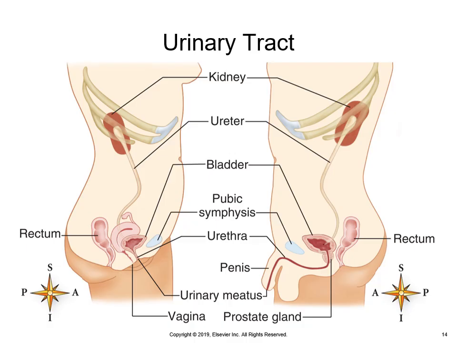So again, the female urethra is shorter, located just in front of the vagina, and the male urethra is longer. All right, the urethra is passing through the prostate gland and the penis, as you can see here. Here's the prostate gland here, and here is the penis here. So before it exits, it has to pass through the prostate gland and the penis in order to get out.